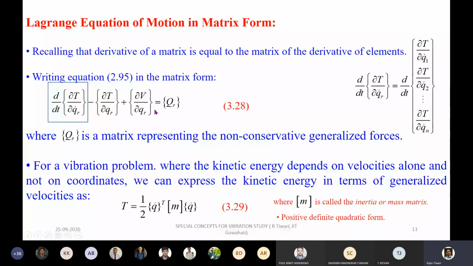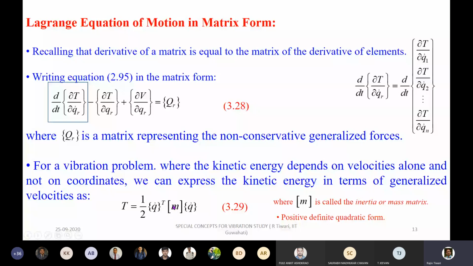Now we'll substitute the kinetic energy and potential energy terms here as we obtain them in terms of the influence coefficients, and try to see what we get from that. So here you see the kinetic energy, how we express it generally, is half q dot transpose M q dot.